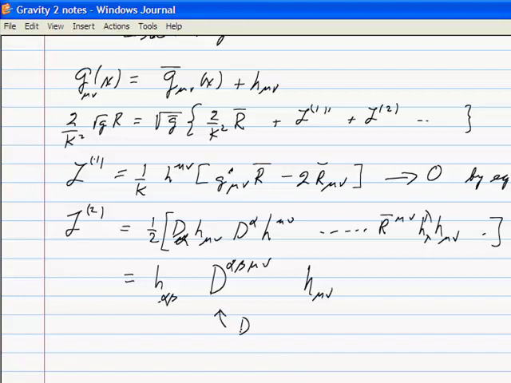It has two derivatives, D squared, it has gamma times D, and it has the sigma term. So actually, let's just write it out. It looks like D plus gamma squared plus sigma, where you just collect terms. So here's a term that goes into the sigma piece. You know, here's one h in our bar, so there's some constant piece that looks like that.